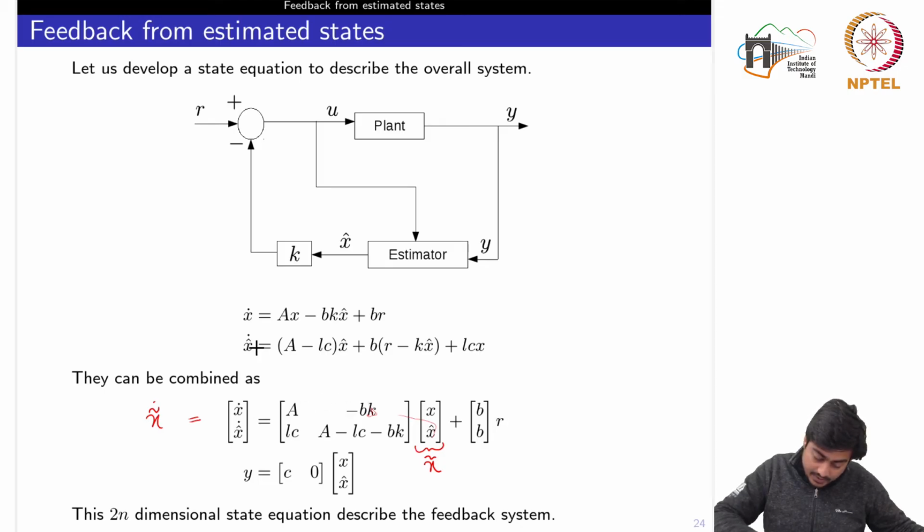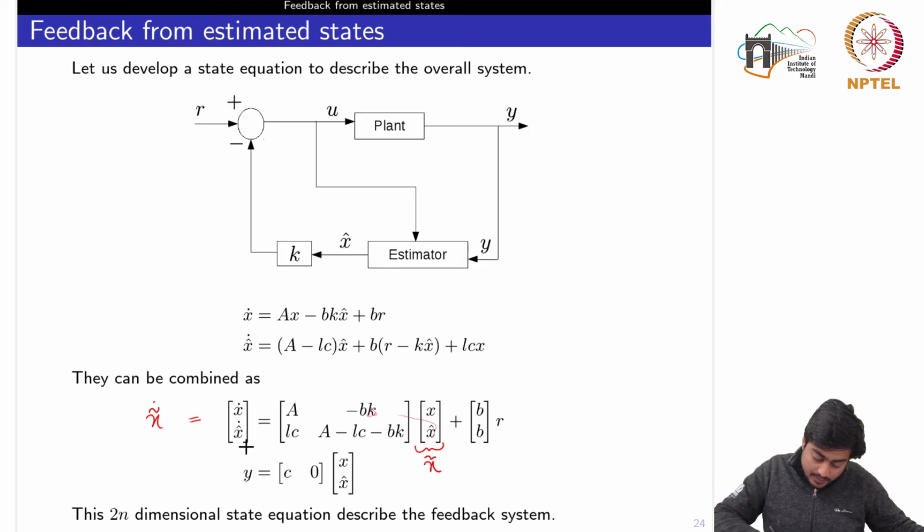The second equation is x hat dot equals, we need to find all the terms with respect to x, so LCx, then we have A minus LC minus BK times x hat. So this becomes this element of the matrix, and the last element is B times r. Similarly, the output equation will become Cx and 0 times x hat. Okay, this is pretty much straightforward.